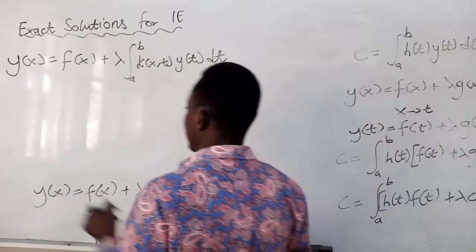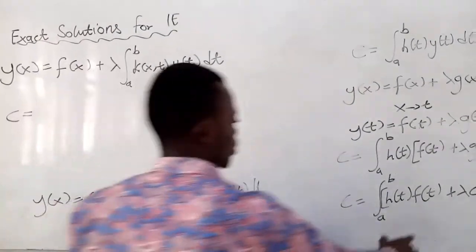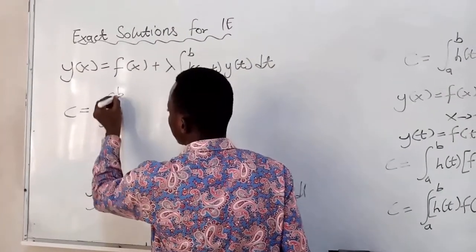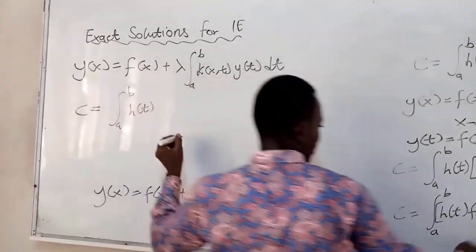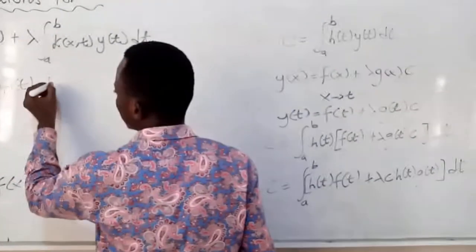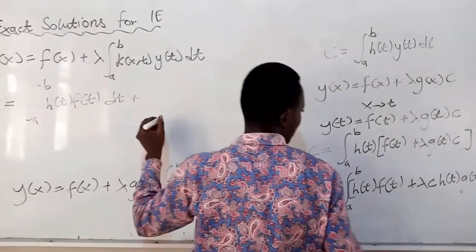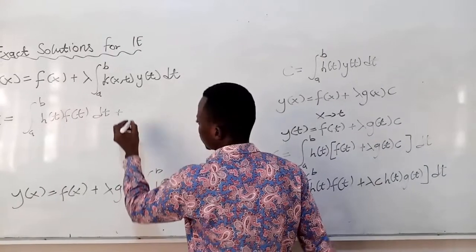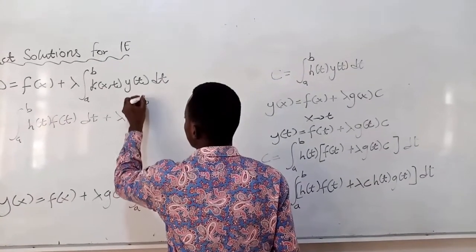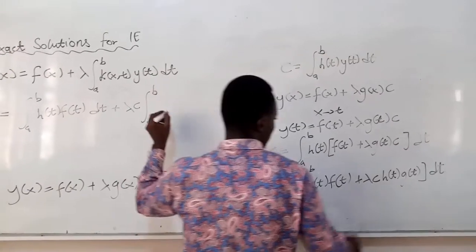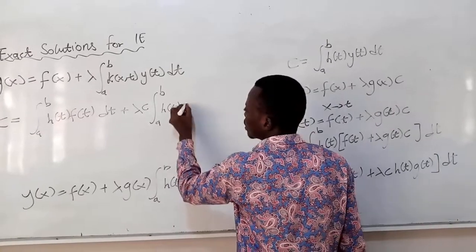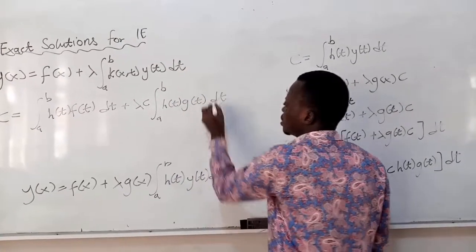Now the c here becomes integral from a to b h of t f of t dt, plus, then you can bring the lambda c out because they are constants, integral from a to b h of t g of t dt.